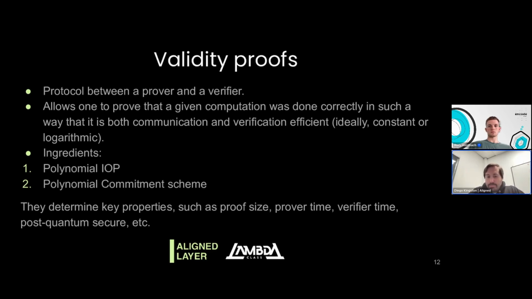What does this mean? Suppose that I want to prove to you that I did a computation right, or that I solved the problem right. Okay, for example, something as simple as a Sudoku. The problem is that to prove to you that I solved the Sudoku correctly, I have to send you the whole solution. Okay, and it's not that much.